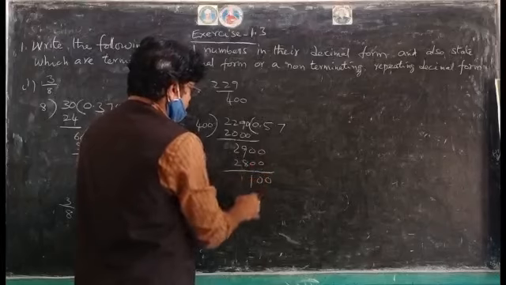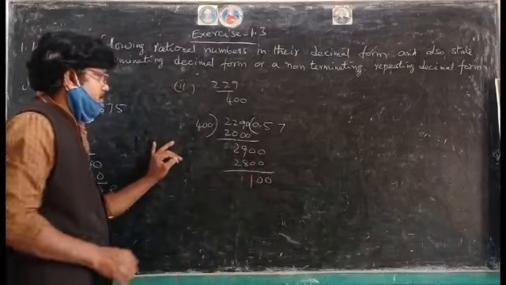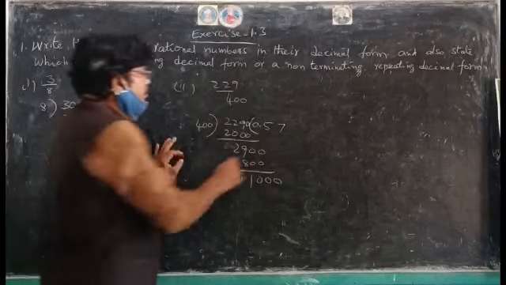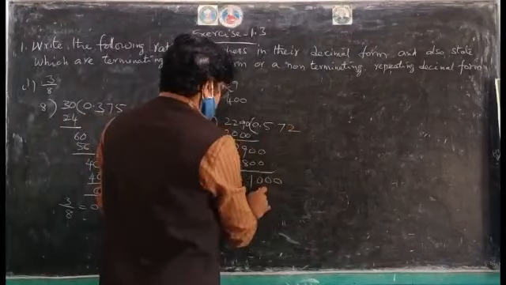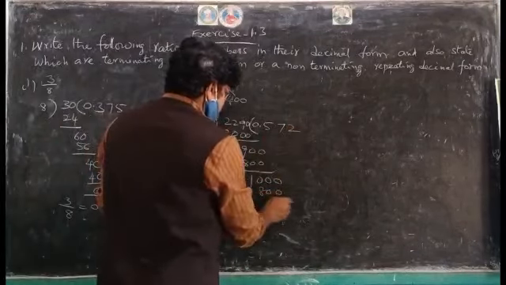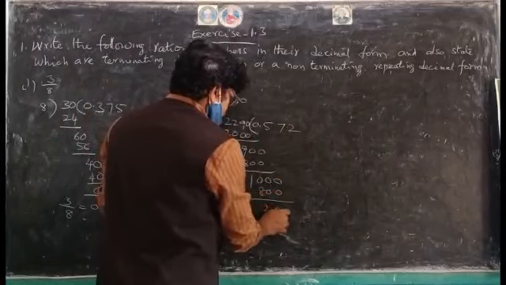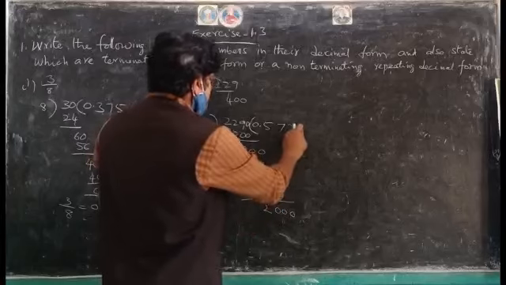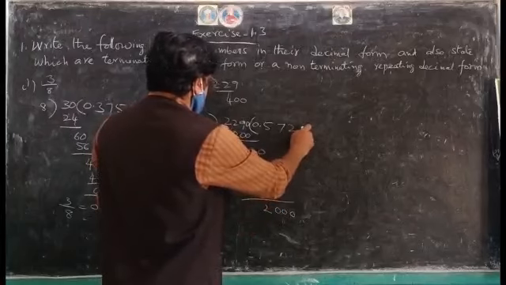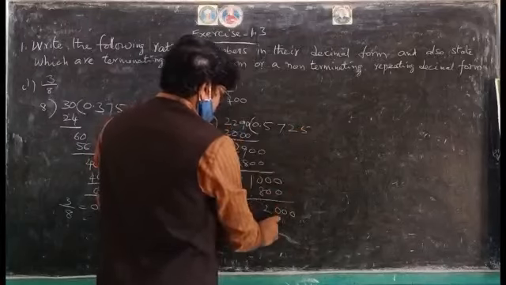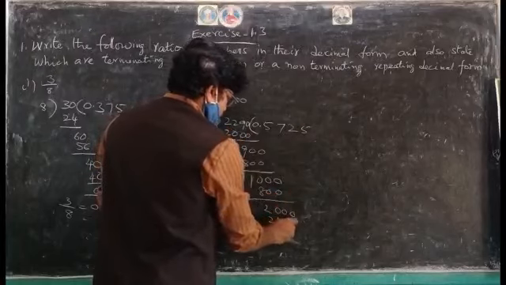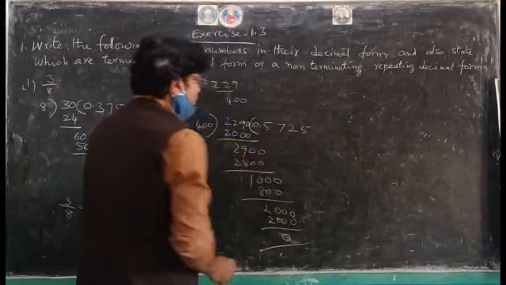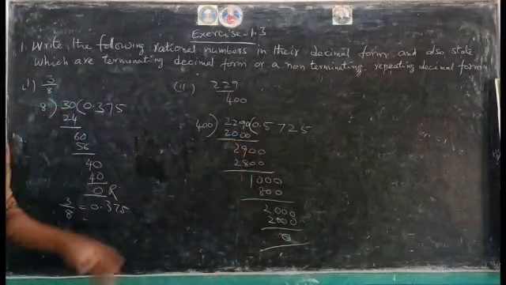Subtract. Put 0. 1000. 2 times. 800. 200. Put 0. 2000. 5 times. Remainder 0.